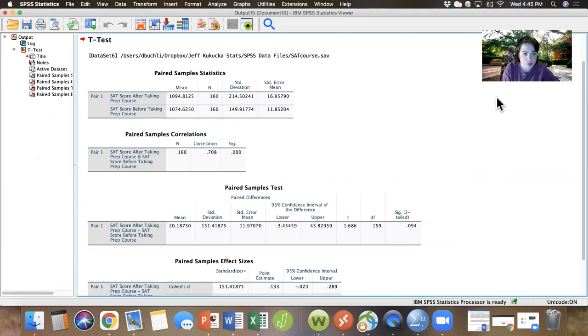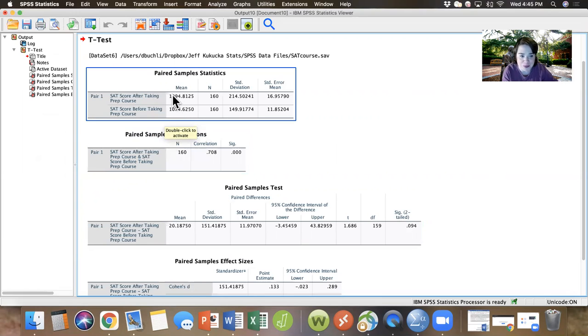Okay, so first, what do we have here? Well, under paired sample statistics, we've got our means. So this is the mean SAT score after the prep course, and this is the mean SAT score before. Okay, so after and before.